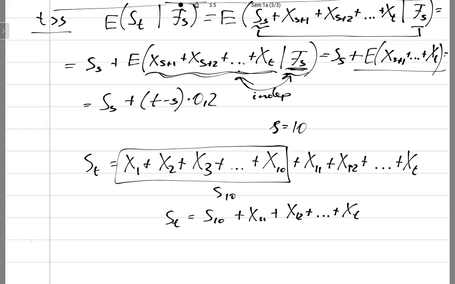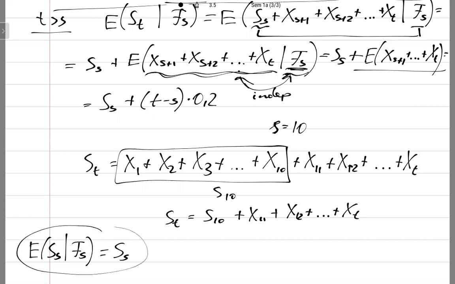So for the conditional expected value of Ss, if I have all information sufficient to calculate it exactly, my best guess of Ss is just Ss. So there are two extremes: when I have no information and when I have complete information. The calculation of conditional expected value is easy in these two cases. Thank you.